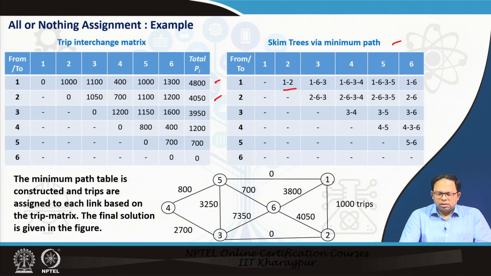So, 1 to 3 the shortest path is via this way, and that means this has two links, 1 to 6 and then 6 to 3, and then for 1 to 4 the path is via 1634. So, this is the path from 1 to 4. So, over here we have 3 links, 1 to 6, 6 to 3 and 3 to 4.